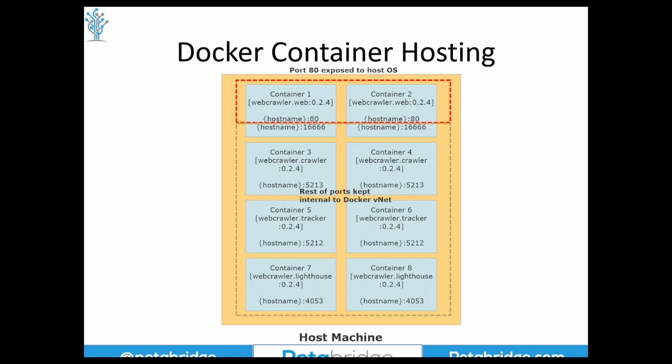So we're not going to be using the native Docker networking mechanisms all that much. We're going to let Kubernetes manage that for us in this scenario. But what's important is the ability to describe which pieces of network access can be made public and which ones should be kept private.